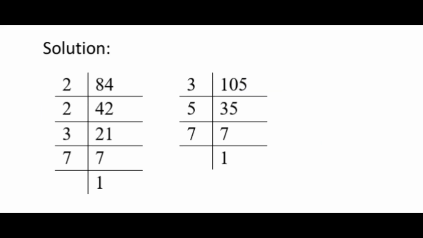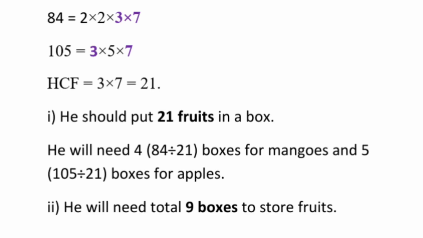Firstly, we will calculate the SCF of this 84 and 105 by prime factorization method. Here the factors for 84 are 2 into 2 into 3 into 7, that is 2 2s are 4, 4 3s are 12, 12 7s are 84.